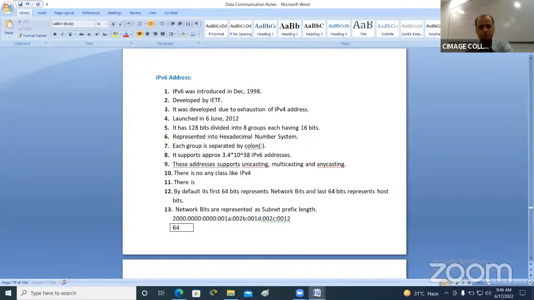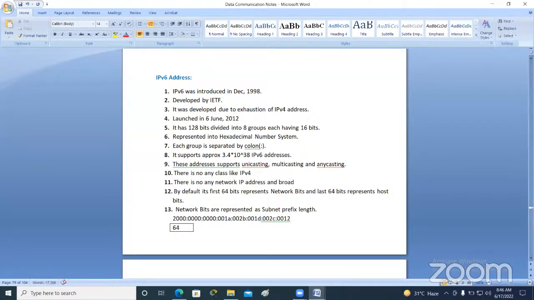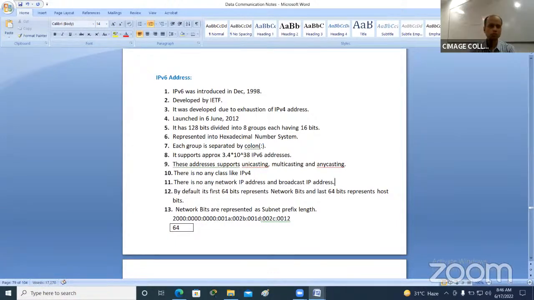There is also no network IP address and no host broadcast address. In case of IPv6, no network IP, no broadcast IP. All IP addresses of a network can be used to configure at a node.